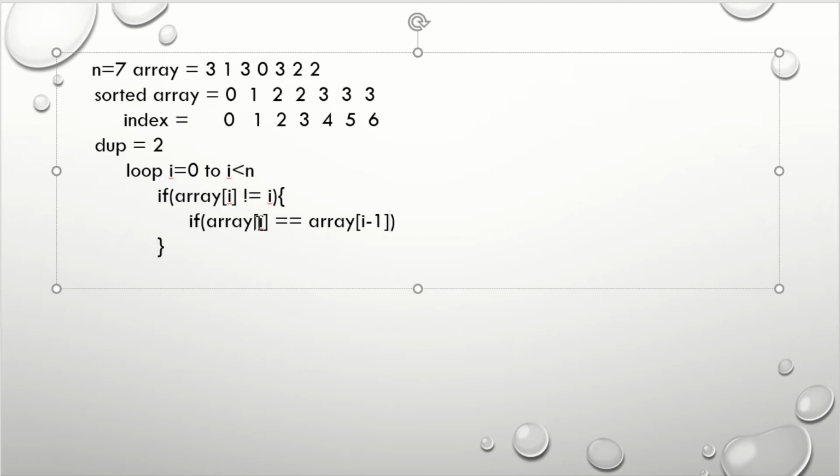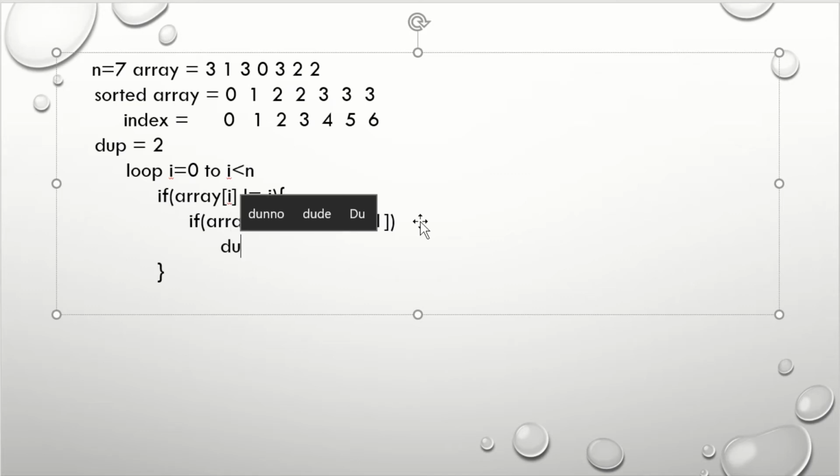Here we are checking whether these are equal. If both are equal, we can directly store into the duplicate array: dup equals array of I. Here we are storing it.